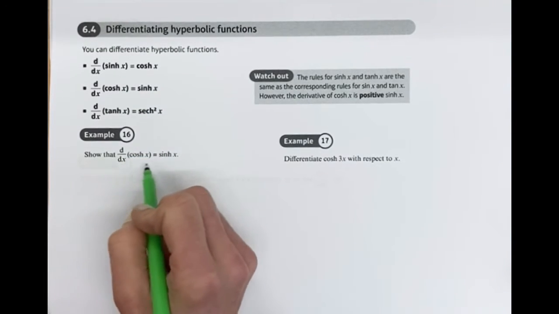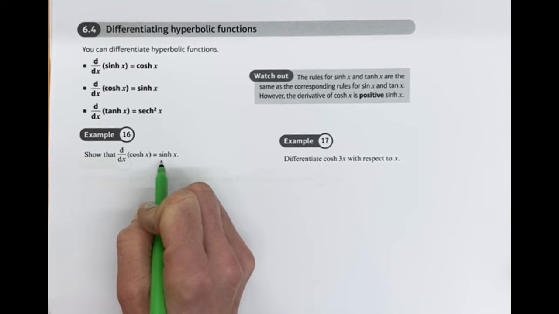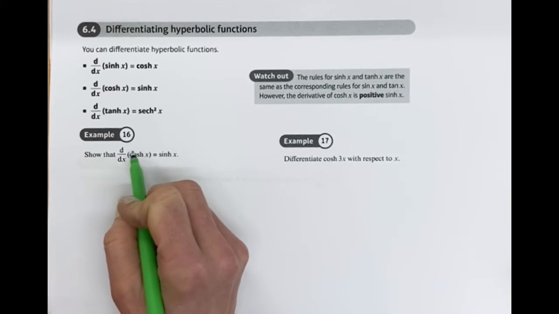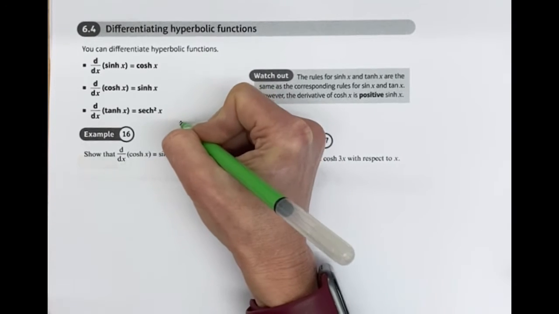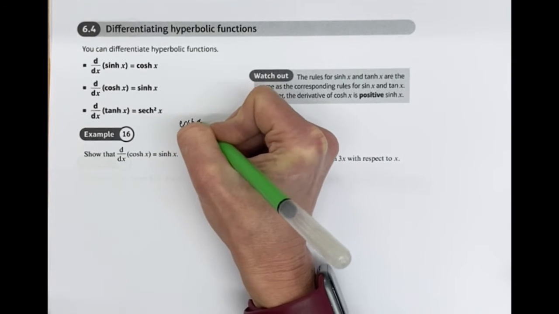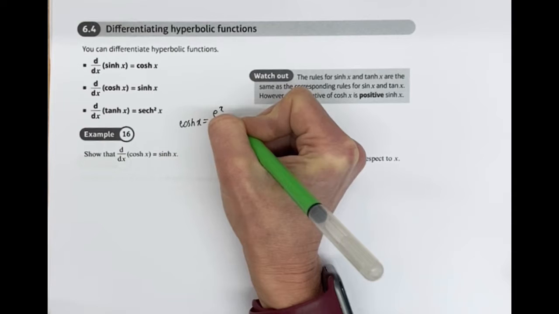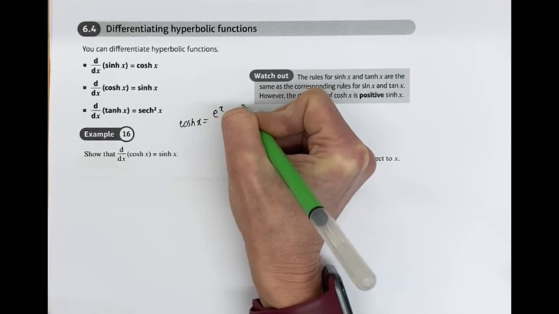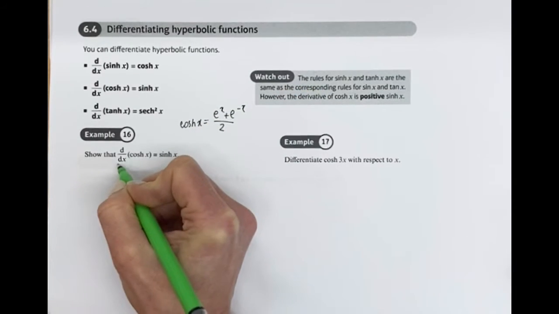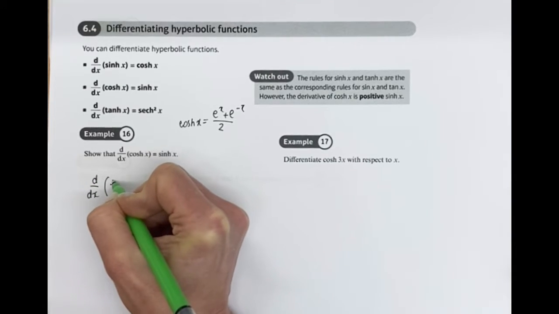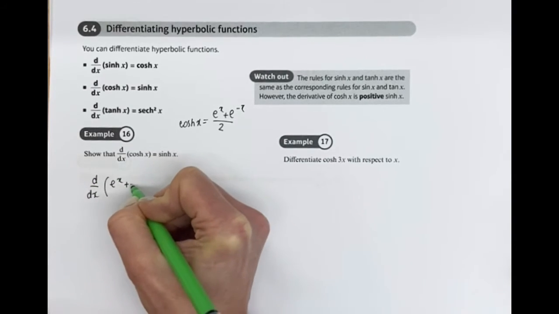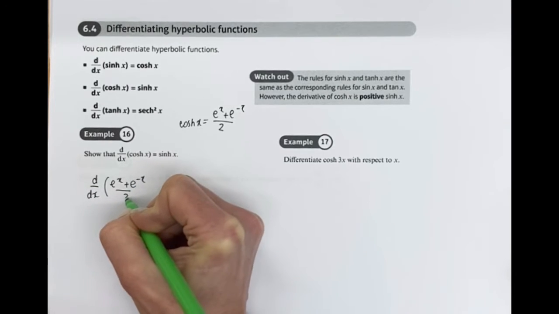So how do we show that cosh indeed differentiates to sinh? Well, we're going to use the exponential definition of cosh. Remember, cosh x is equal to e to the power of x plus e to the power of minus x, over 2. So to differentiate cosh means to find the derivative of e to the power of x plus e to the power of minus x, over 2.